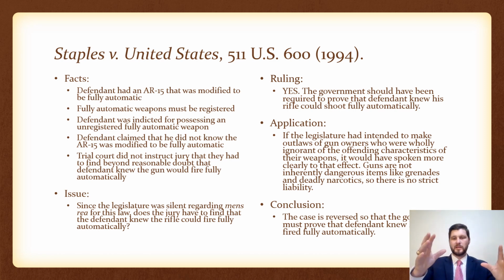So to make this weapon go from semi-automatic to fully automatic, several steps have to be done. And you'll see that in the opinion given by Justice Thomas in here. Fully automatic weapons, of course, have to be registered. All right, so he was indicted for possessing an unregistered, fully automatic weapon.